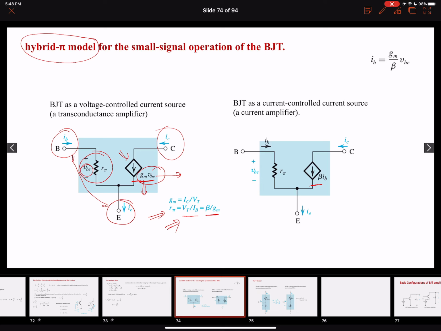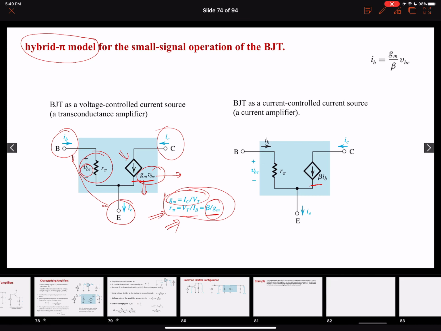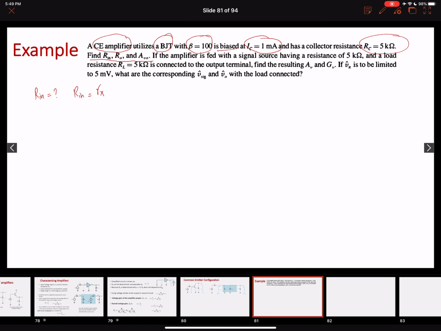R pi equals beta over GM, or VT over IB, and GM equals IC over VT. So we are going to use all of these equations here. So Rin equals R pi. Let's now do R pi equals beta over GM.